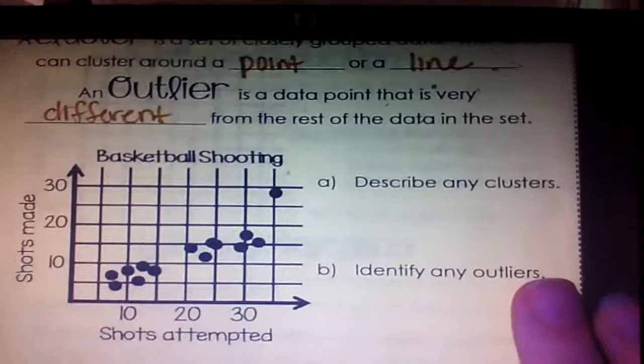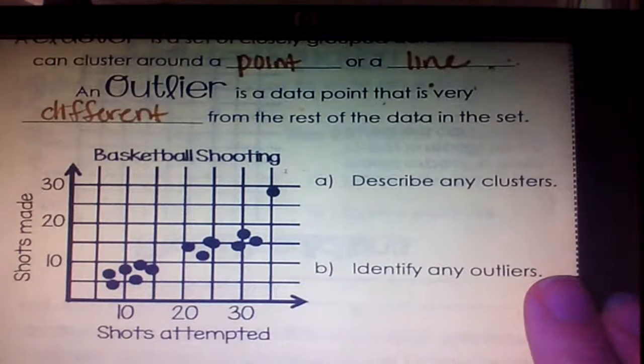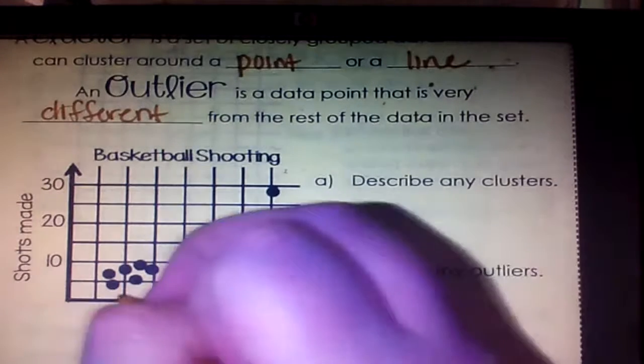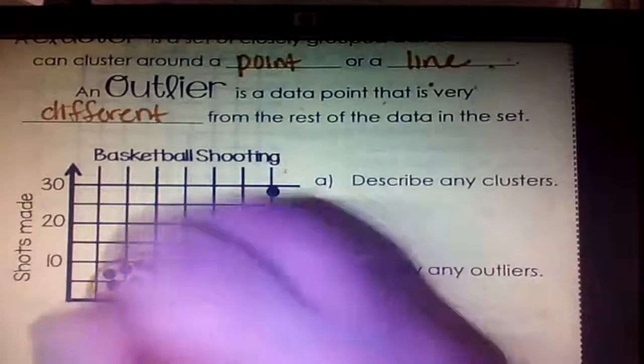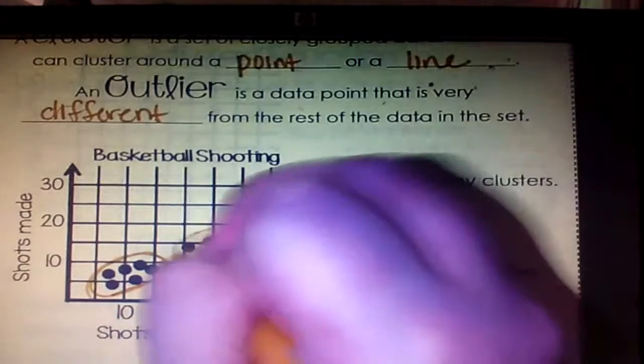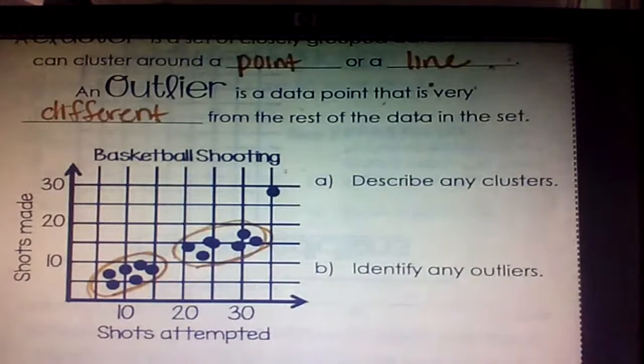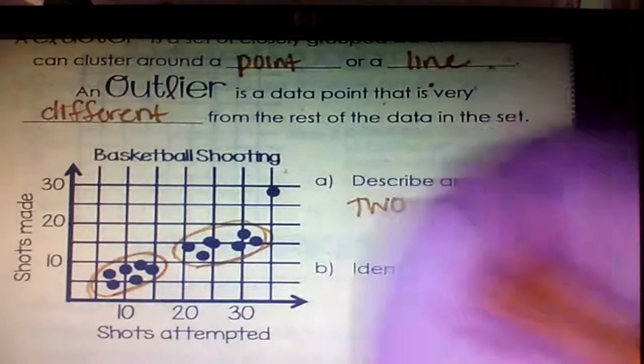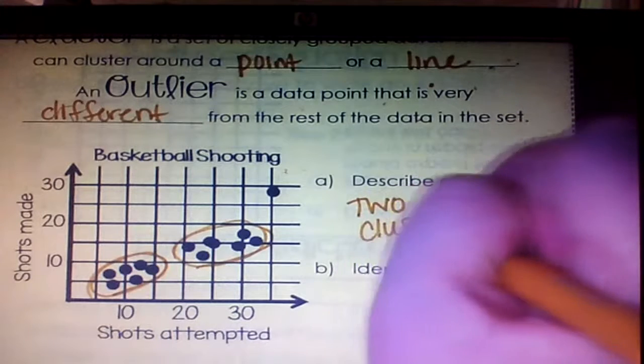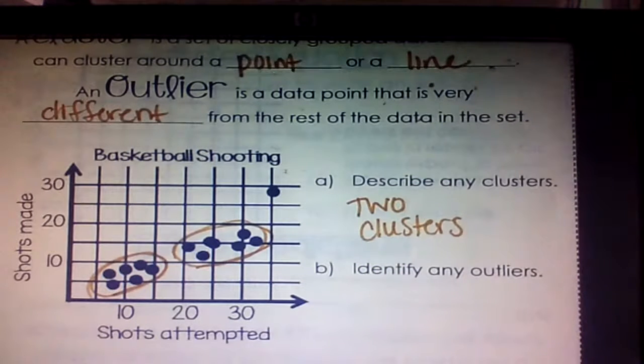So in this picture, identify any clusters. Where are my clusters in this picture? Right around here and right here. I actually have 2 sets of clusters. Okay.